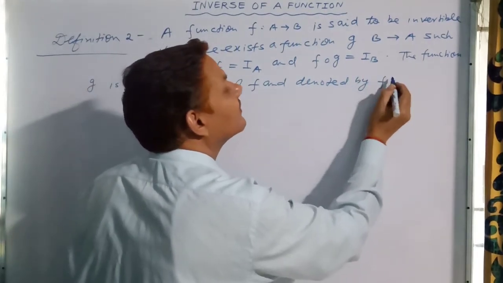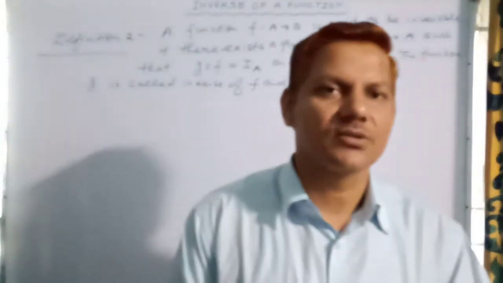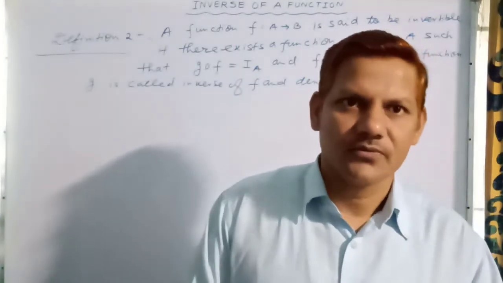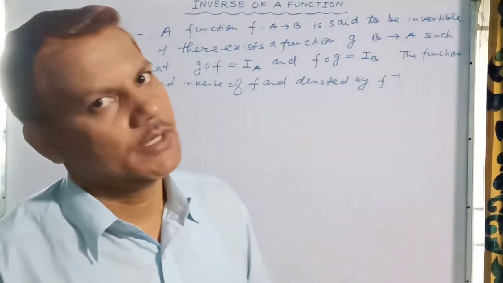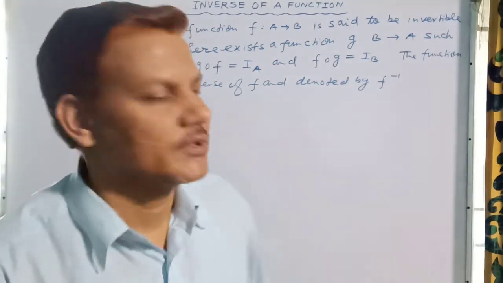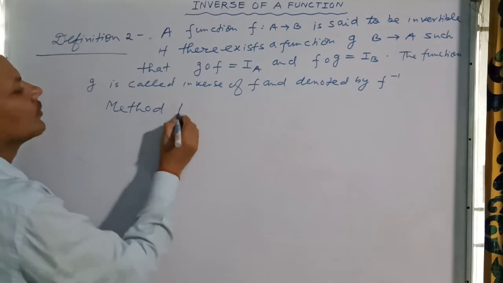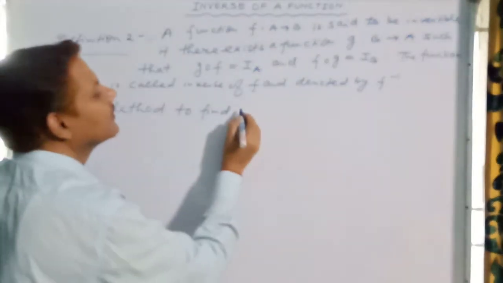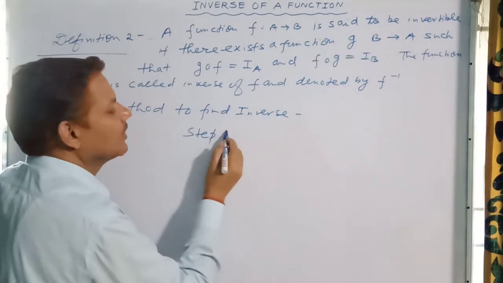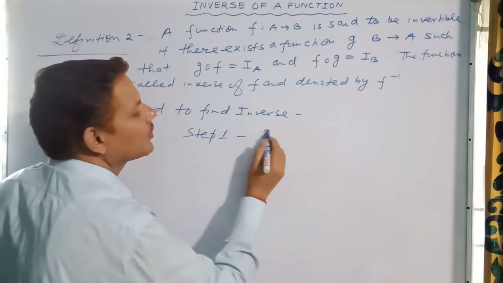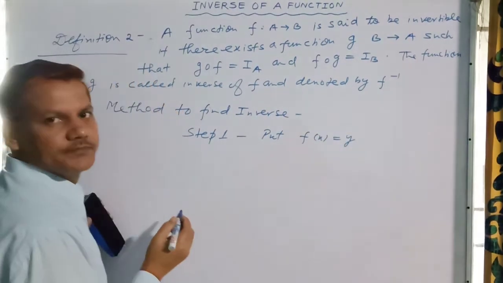It is denoted by f inverse. So these are two definitions, and in parallel we get two ways to get the inverse of a function. First using 1-1 and onto. So in that case, first we are supposed to show 1-1, then onto, then we write the process. Now what about the method to find the inverse? This is step 1: put f(x) equal to y.